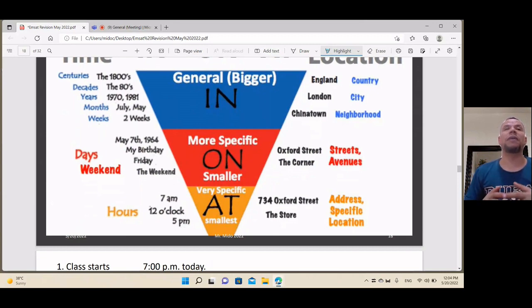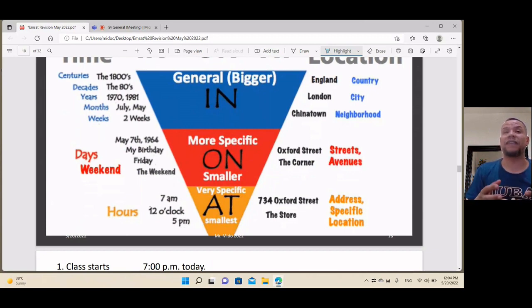You say on May 7th. If you say May alone as a month, you say in May. But if you use the number of a day next to the month, it means specific information. It's on May 7th, on Saturday, on Friday.